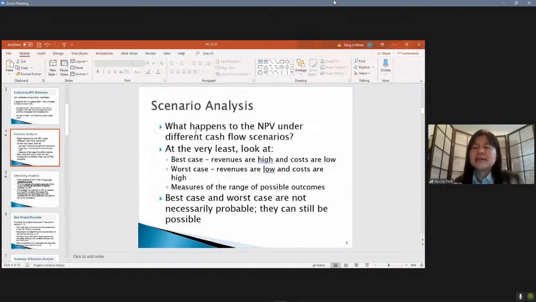This slide recommends that you develop several scenarios. Don't just calculate one NPV and make the accept or reject decision.